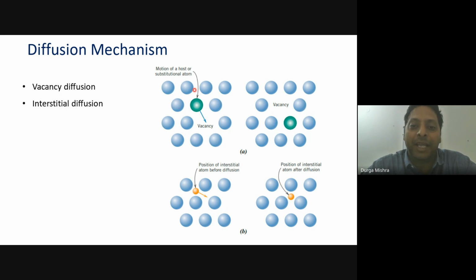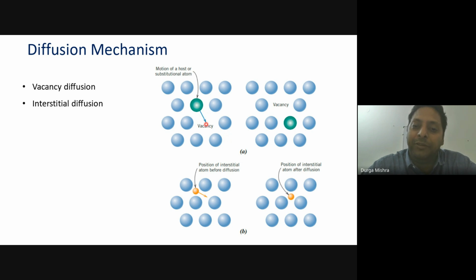So if I now take a crystal, I have an atom which is a substituted atom. This is another atom which is replaced. So atom B has replaced atom A. Okay. And now if I have created a vacancy, this atom B will move into it. And that is how it will diffuse. So the vacancy also moves or diffuses, and the substituted atom also diffuses.